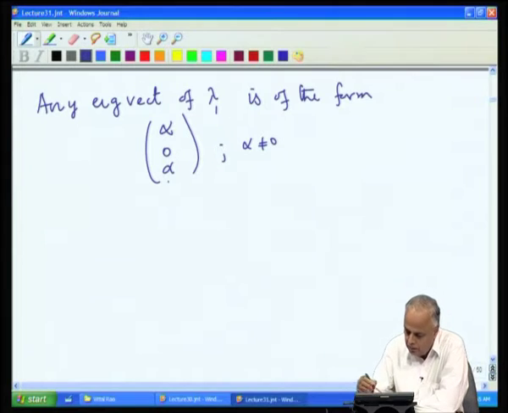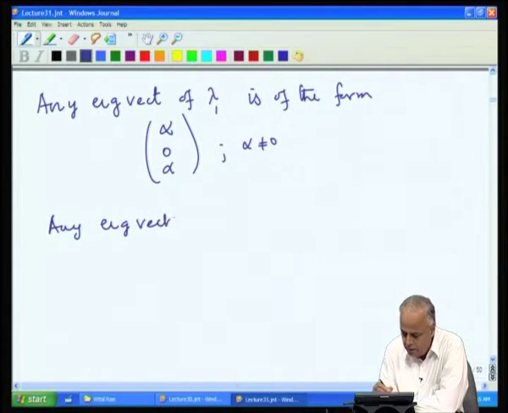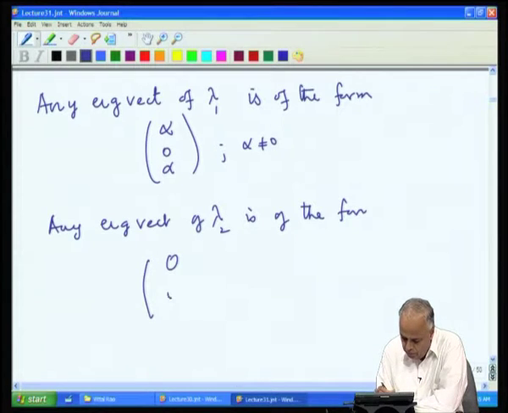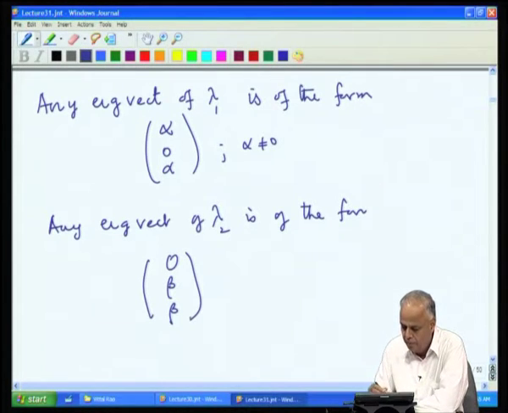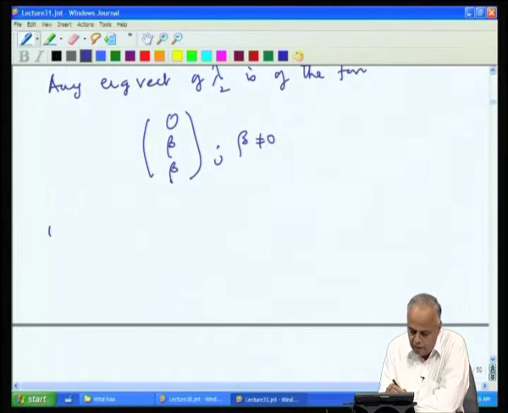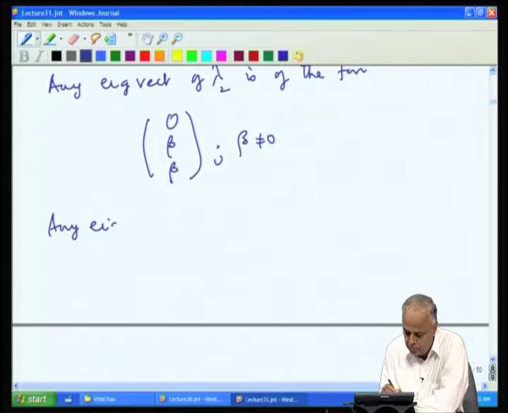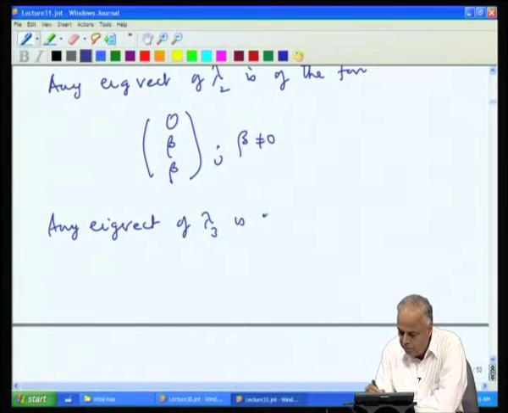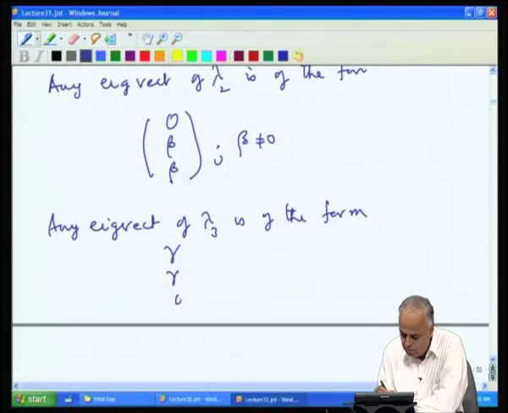Similarly, any eigenvector of lambda 2 is of the form (0, beta, beta), beta not equal to 0, and any eigenvector of lambda 3 is of the form (gamma, gamma, 0), gamma not equal to 0.